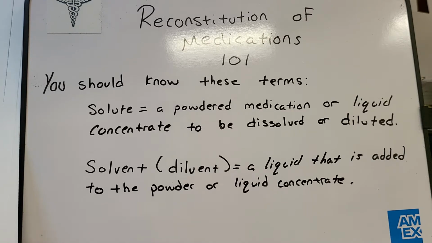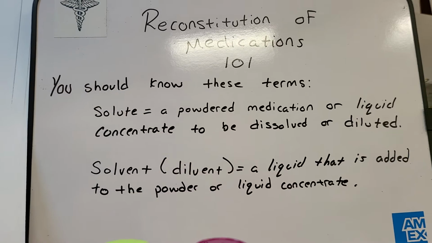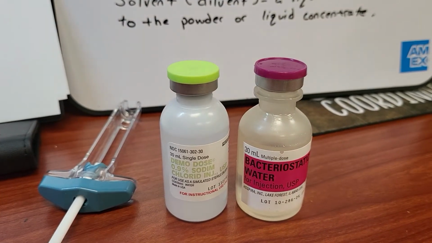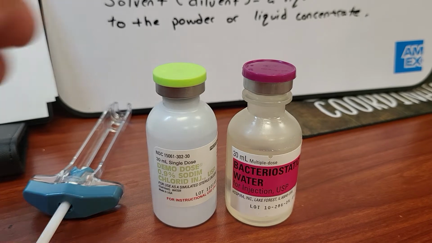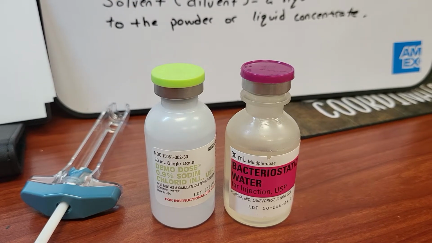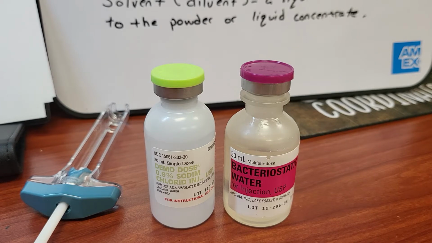The way that you're going to think about reconstituting medications is first knowing what you need to work with. So here, I've got some options. What you have in front of you, you see that this is 0.9% sodium chloride. Then you have another option, bacteriostatic water.